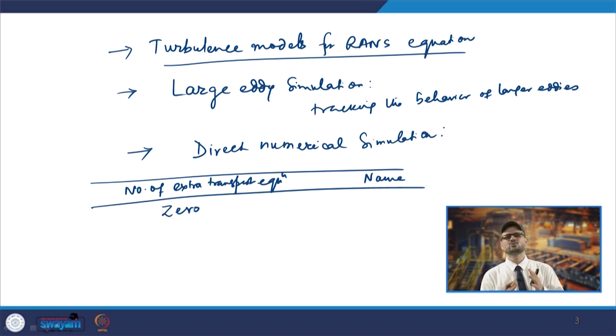In that you get the expression for the eddy diffusivity, and we will see what that eddy diffusivity is. That is in terms of the mixing length, and that length will be a function of the characteristic length of the flow domain. So, that is the 0 equation model, since no extra equation needs to be solved. That is the mixing length model.